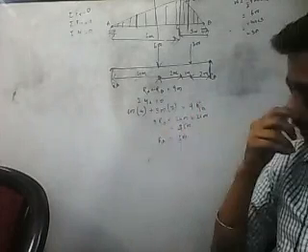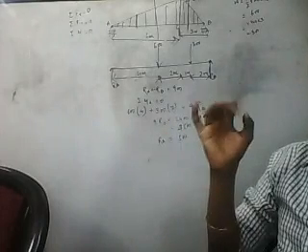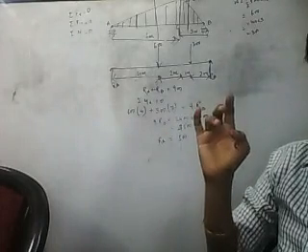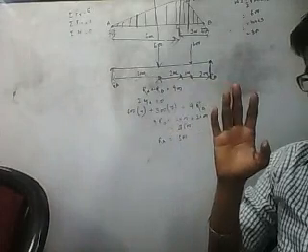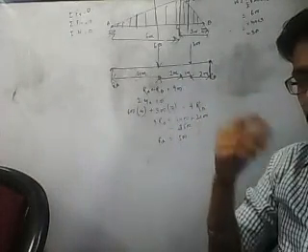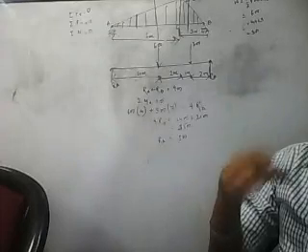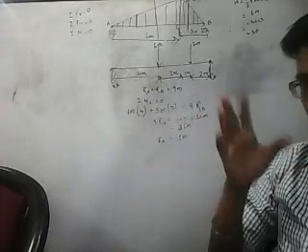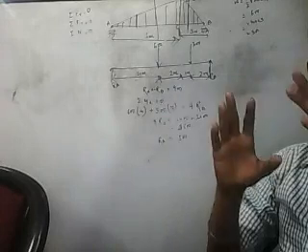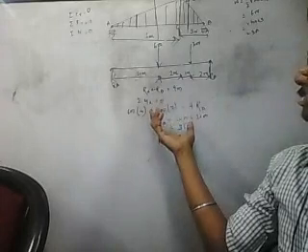And the supports are of three kinds: fixed support, hinge support, and roller support. The three loadings have their own characteristics, and the three supports have their own characteristics. We have to manage all the things and solve the question.